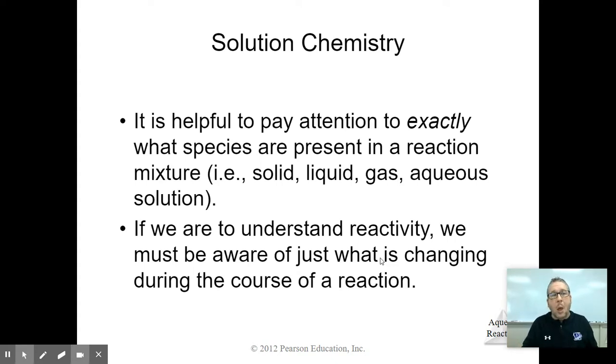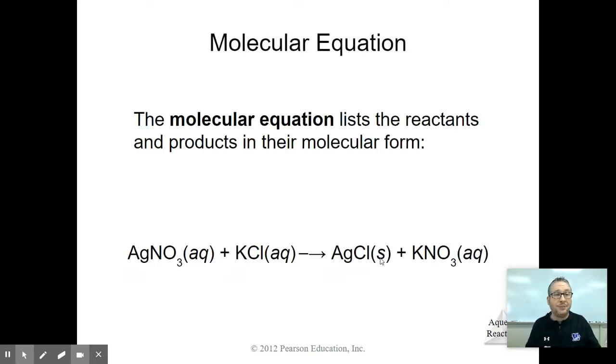It's very helpful and almost necessary for you to identify each substance in a reaction as either a solid, liquid, gas, or aqueous solution, okay? If we are to understand the reactivity, we must be aware of what is changing during the course of a reaction, okay?